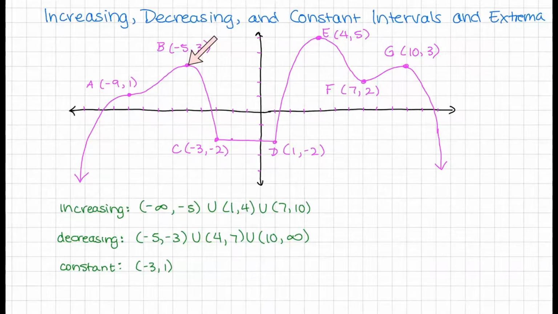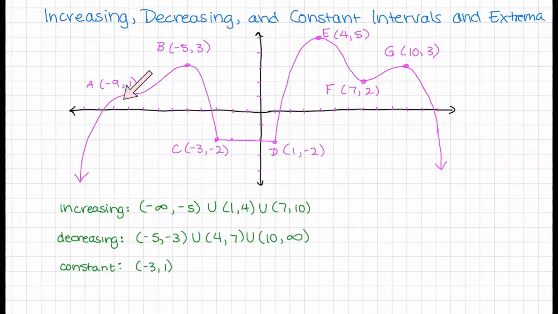If we try to include -5 in that interval, if we try to put a bracket instead of a parenthesis, so if we're trying to say that the graph is increasing at x equals -5, then that means just to the left it was less, and just to the right it was more. It's going up, but it's not. Just to the left it's less, but just to the right it's also less. It's also lower. So it's not increasing here.